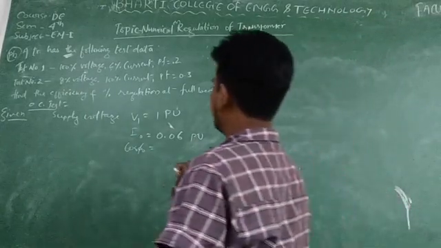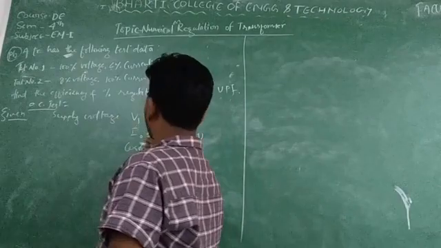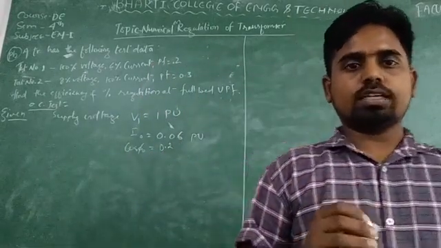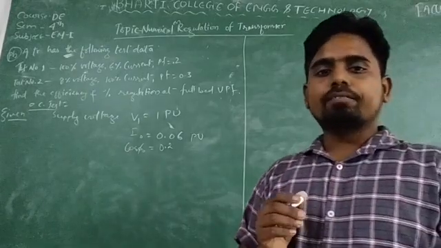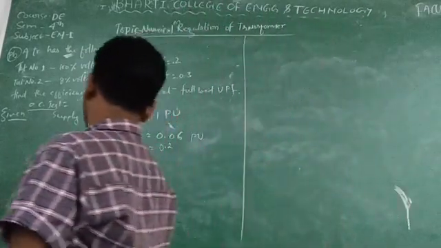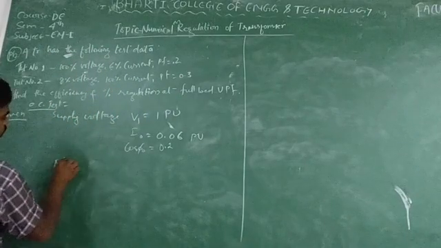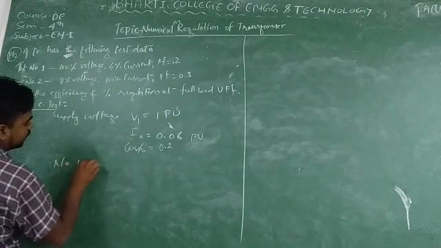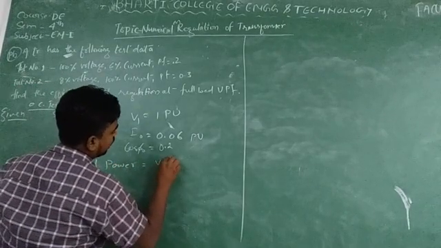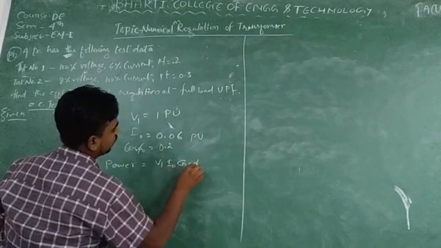Okay, so now we can find the no load loss. What is the formula for this? No load power is equal to V1 I0 cos phi.